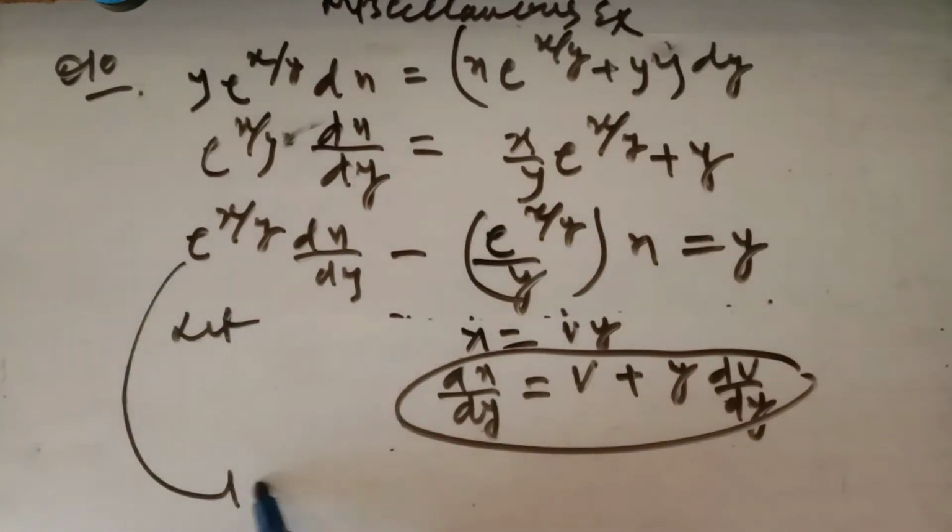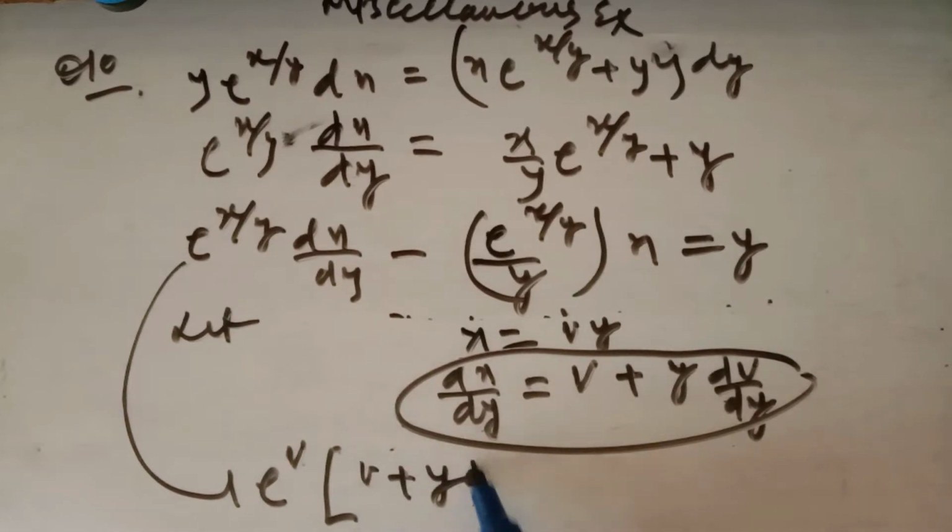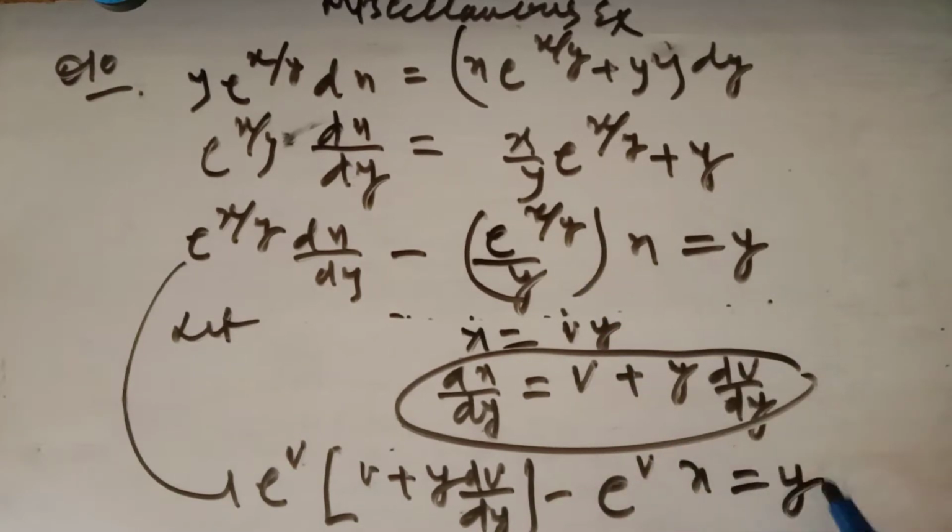So this comes out to be e^v (v + y dv/dy) minus e^v x equal to y.